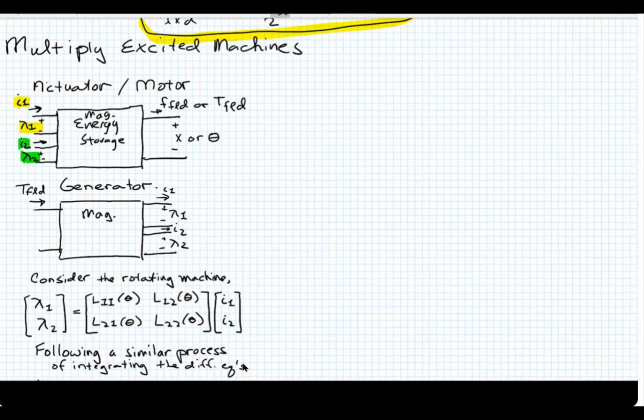We can get out of that either a torque or a force, right? I'm not going to talk much about force right now, just torque. We can get out of it an angular position or a linearly moving position of x, either way.